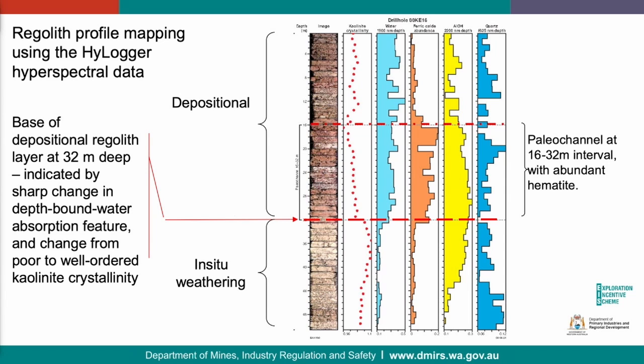Things changing here indicate a change from depositional regolith to in situ regolith. We can pick up other things as well. We are looking at alteration minerals in this regolith material too. Another thing we picked up in this particular one was a paleochannel, picked up here by the ferric oxide abundance in the minerals, and it's correlating really well with the crystallinity and the bound water.